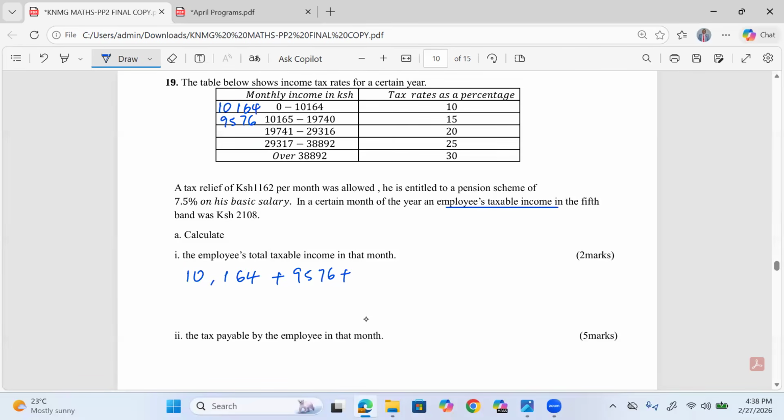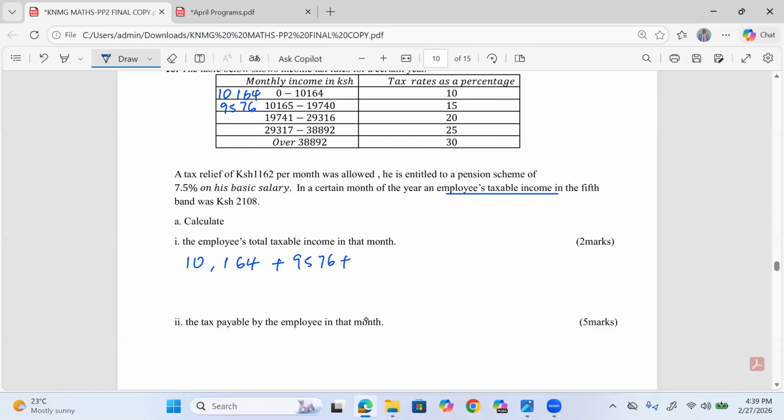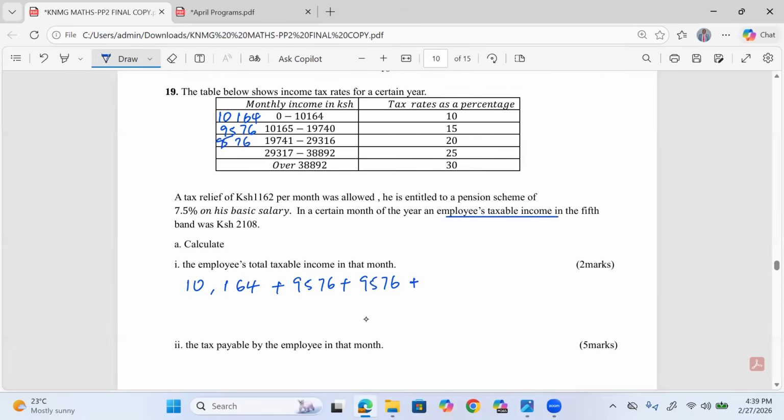And in the third, we take 29,316 and we subtract the previous limit of 19,740. That is again 9576. In the fourth, we need to take 38,892 and we subtract 29,316.